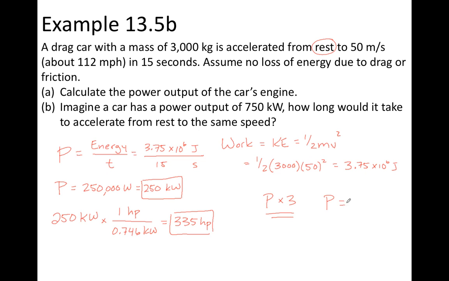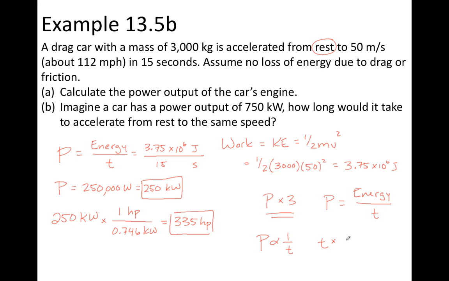Well, power is energy per time. What's the relationship between power and time? Power is inversely proportional to time. So if we increase the power, we will decrease the time by a factor equal to the inverse of this increase.